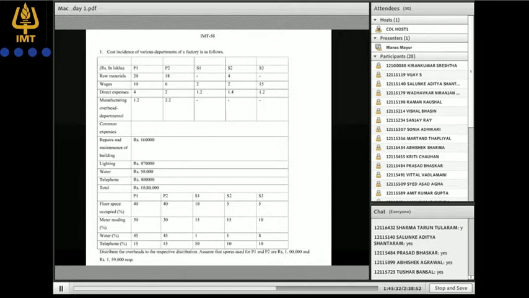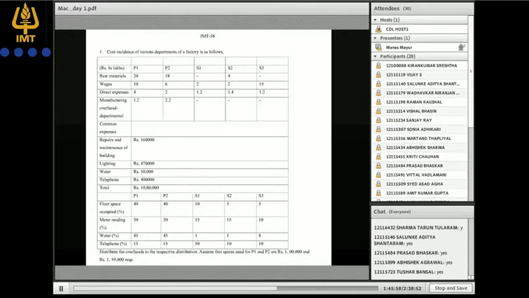Now here you are asked to distribute the overhead to the respective departments. Okay, so you are given some common expenses, you are given some characteristics of this information, and you are asked to distribute these common expenses to these departments on some equitable basis.